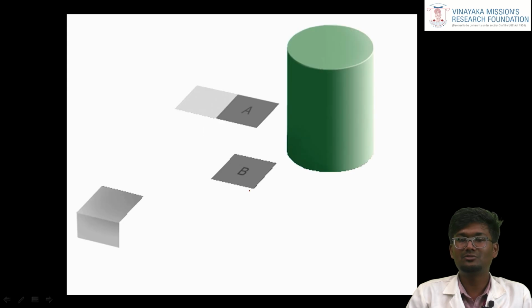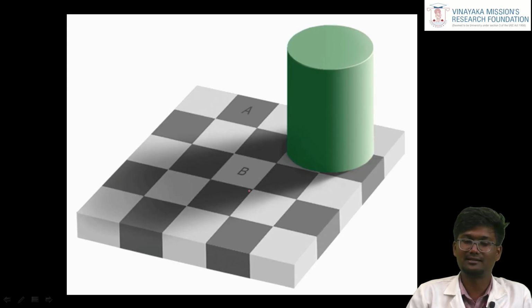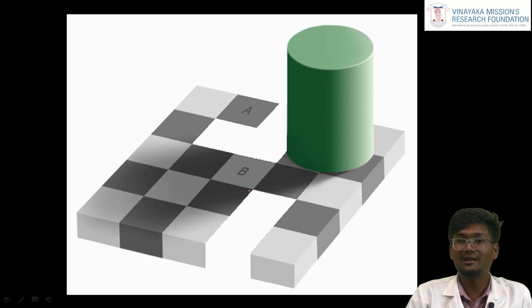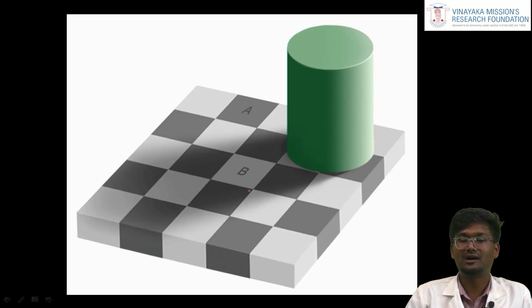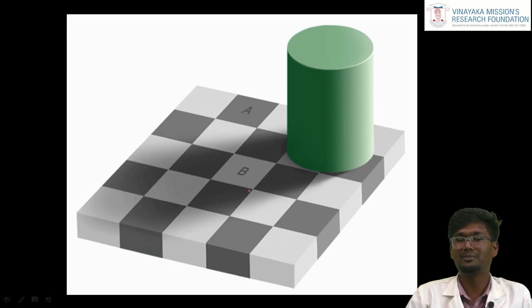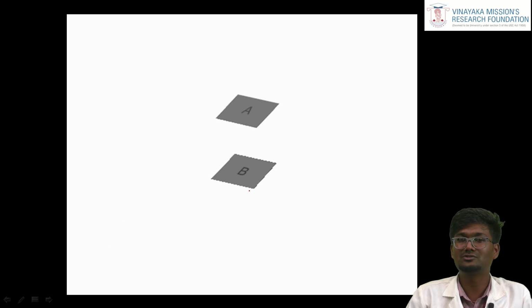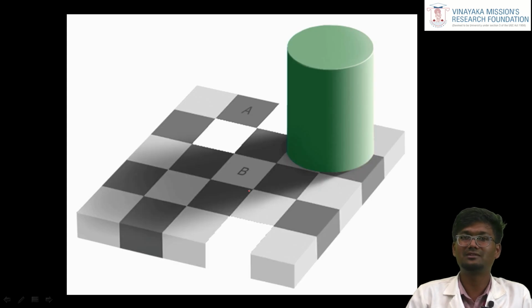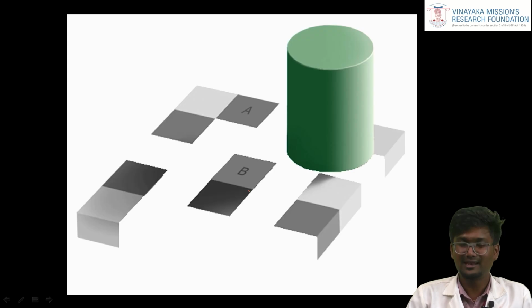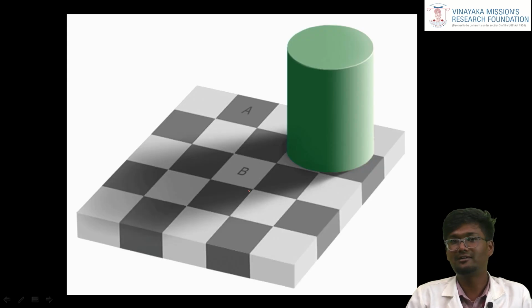In this image, you may see the shadow of the cylinder. In our brain, we are used to the idea that if a shadow is present in a particular place, that object will appear darker. So even though B appears darker, the shadow is there, so that part of the image will appear darker. This concept is stored in our brain, and hence visual perception entirely differs from what we think.